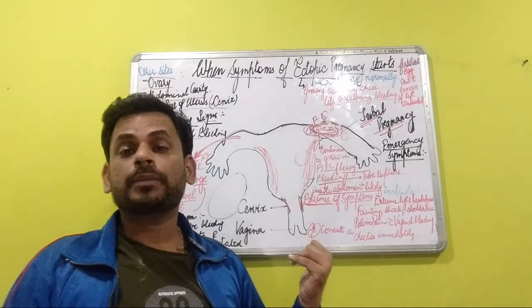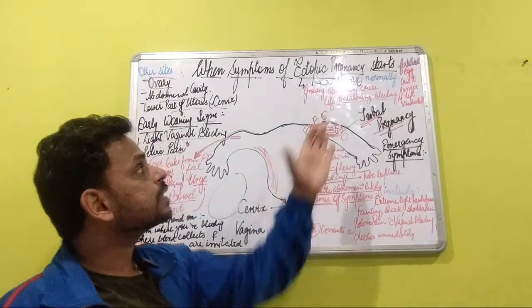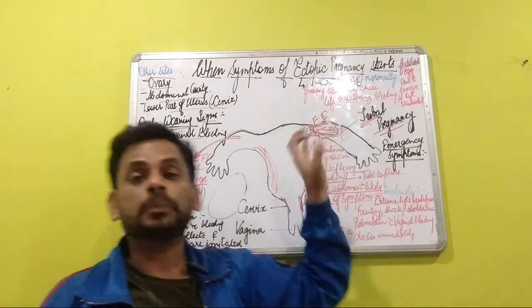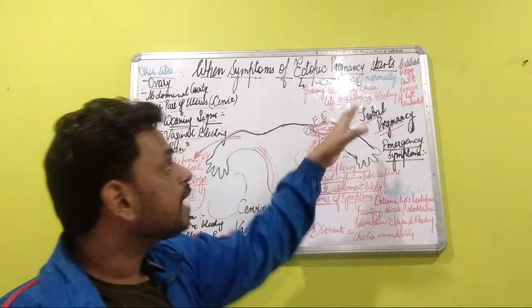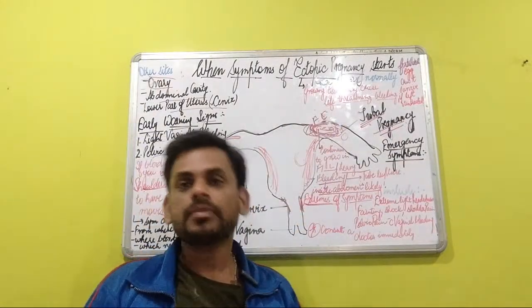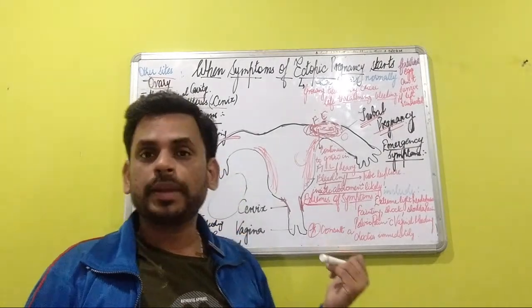In an ectopic pregnancy, if the bleeding is not controlled, the growing tissue in the fallopian tube can cause bleeding to such an extent that it can even be life-threatening if left untreated. Viewers and students, I hope this video is helpful to you.